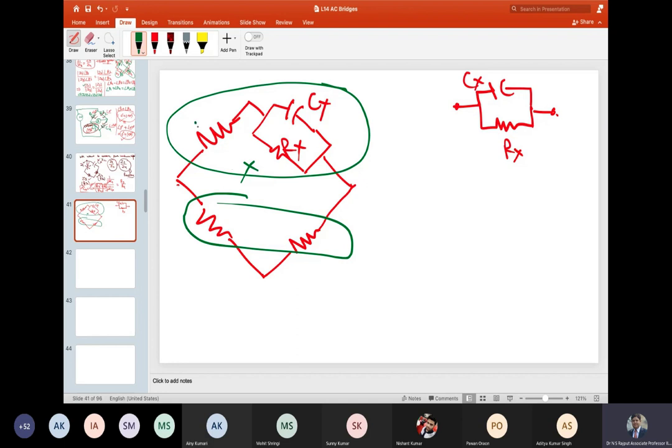So purely resistive branches cannot be taken. Perfect. So what to do?